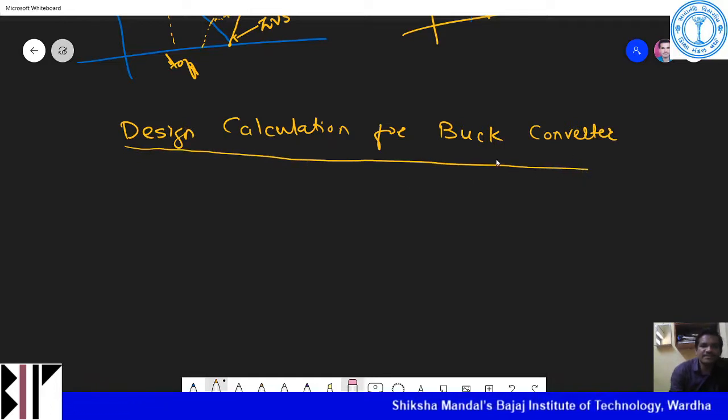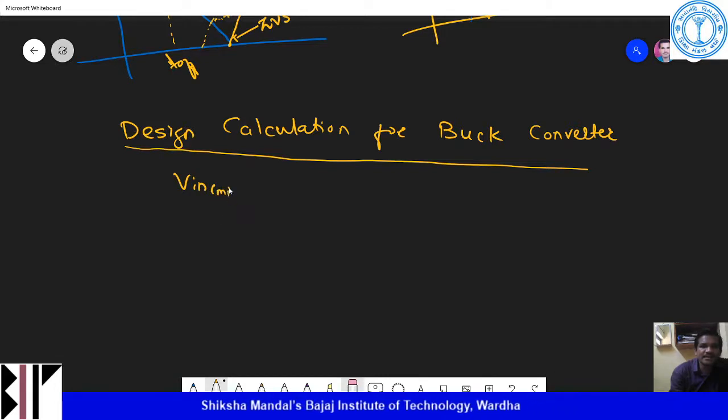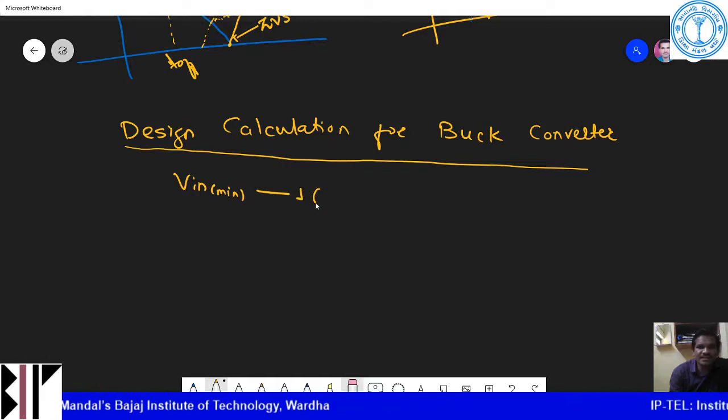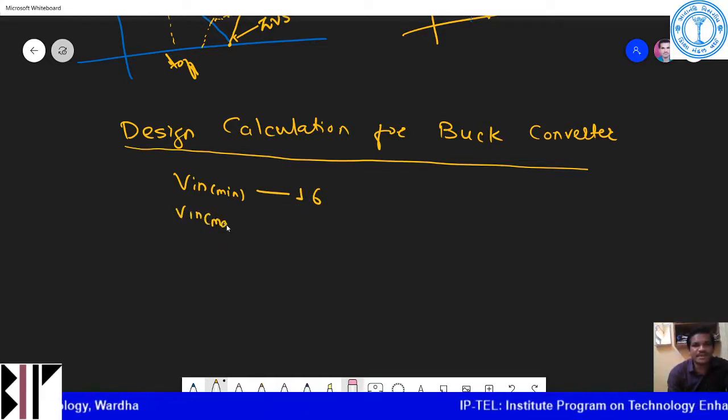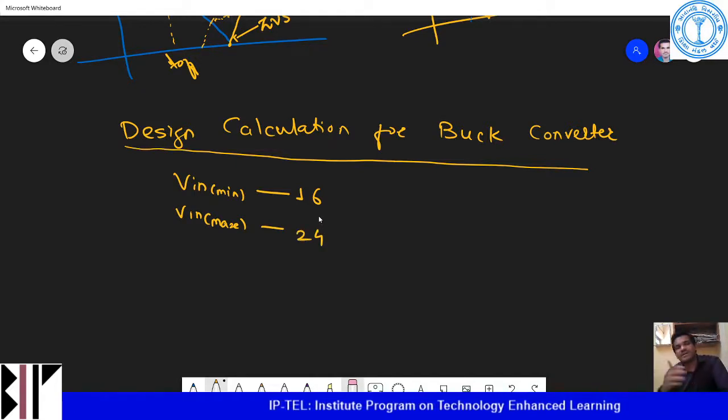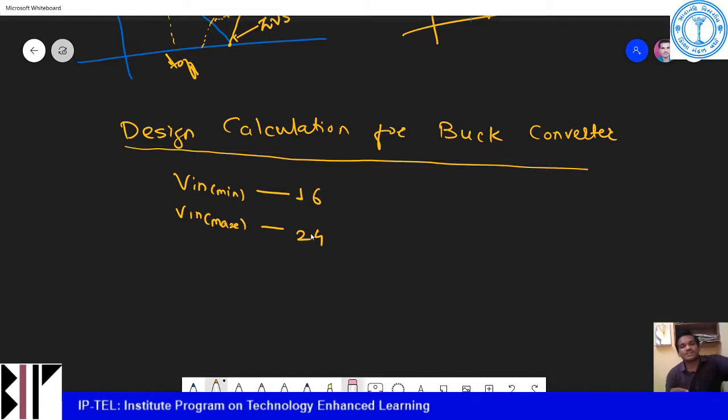Now for example, I will take my minimum input voltage for the buck converter as 16, and the maximum input voltage as 24. So my unregulated DC supply will fluctuate between 16 to 24 volt.